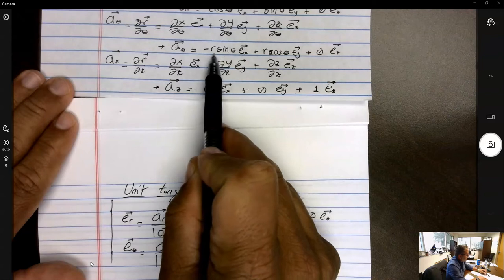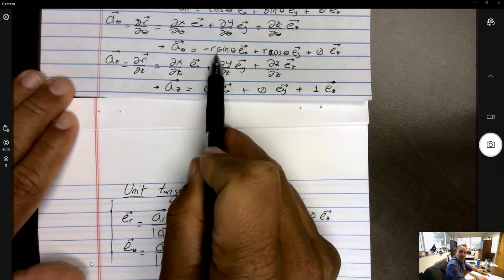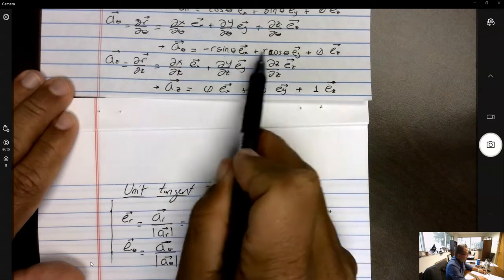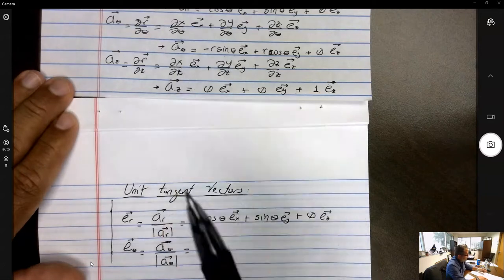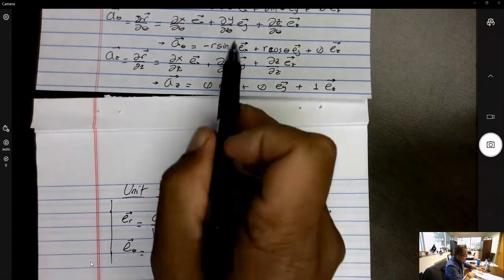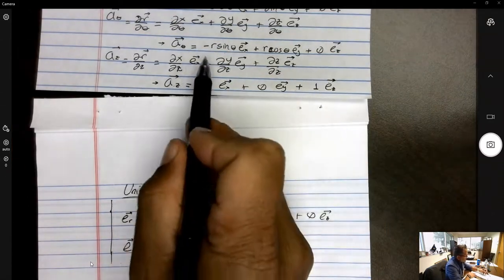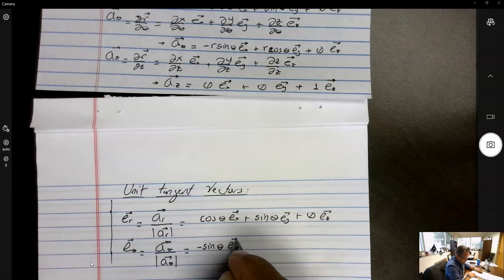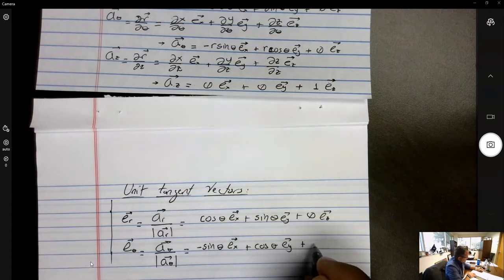We can take the r squared as a common factor, and it will be r squared times sine squared of theta plus cosine squared of theta, which is 1. So it's the square root of r squared, which is simply r. So the magnitude of this vector is r. So when we divide that vector by r, we get minus sine of theta ex plus the cosine of theta ey plus 0. Easy.